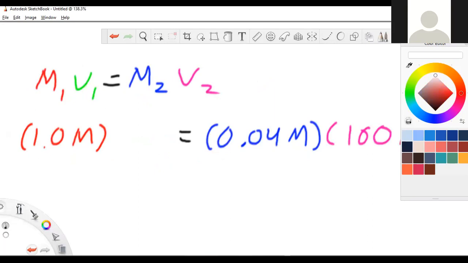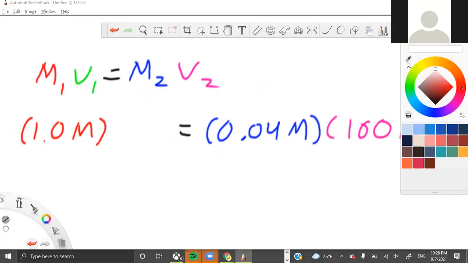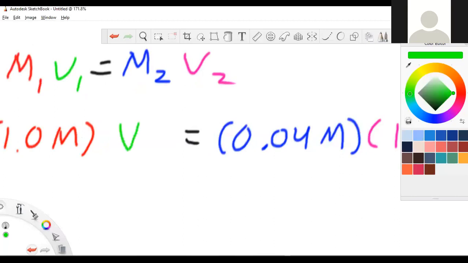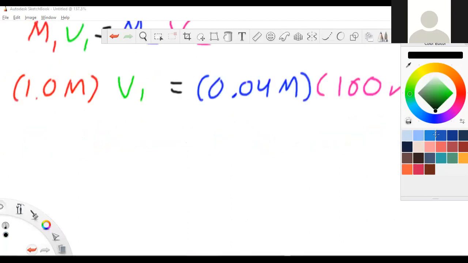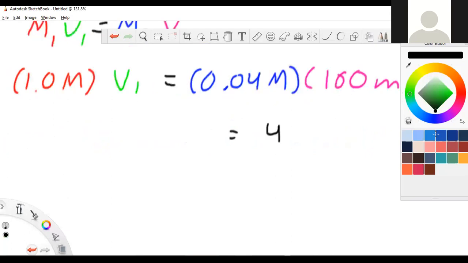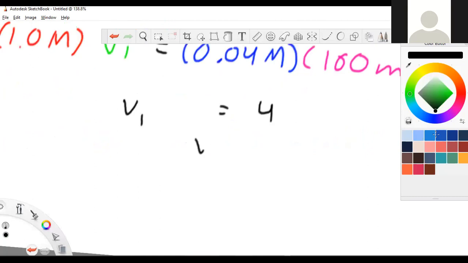We don't know how much of that 1.0 molarity solution we need. So after we simplify everything, this will come out to be 4. And then 1 times V1 is just going to be V1. So we get volume is equal to 4 milliliters.